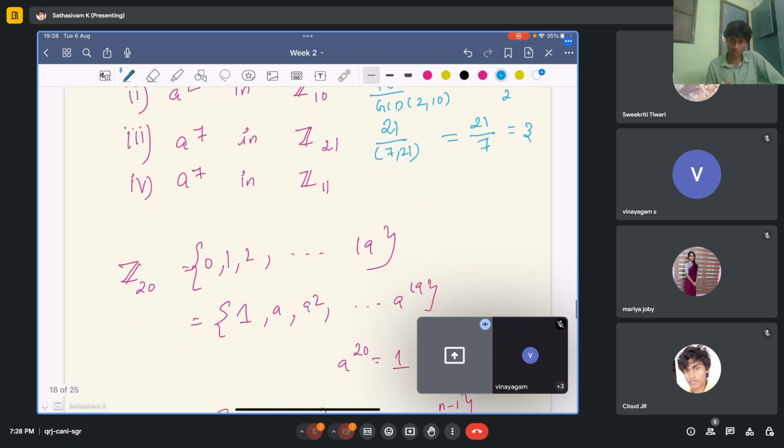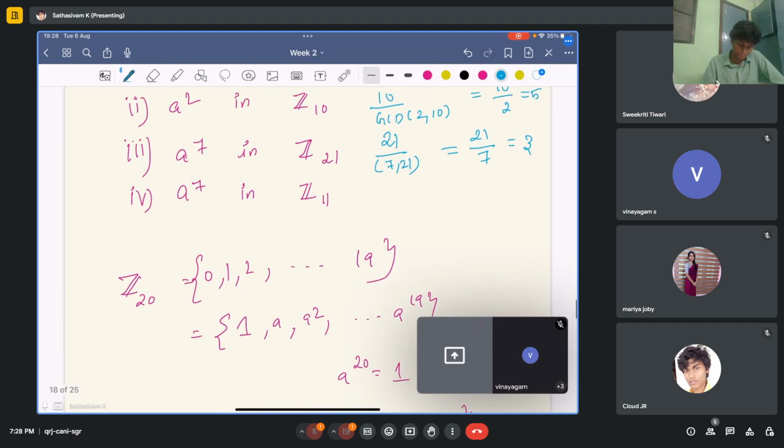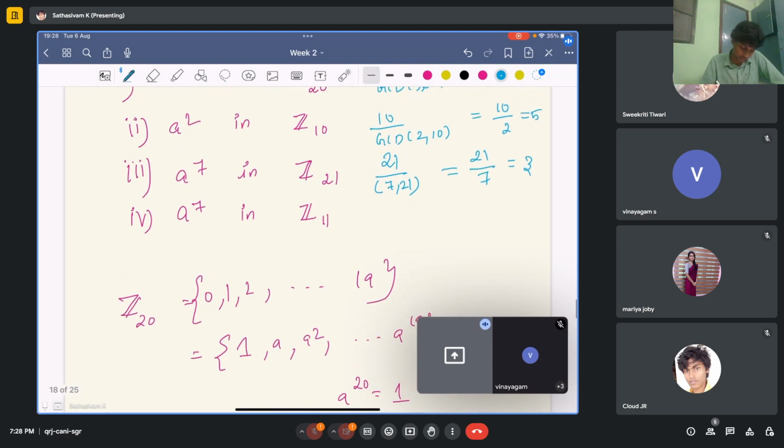Okay, so what about this one? This is 11 by 7 comma 11, right? 7 and 11 are co-prime, so the GCD is 1. There is no common divisor. So this is equal to 11 by 1, which is 11.